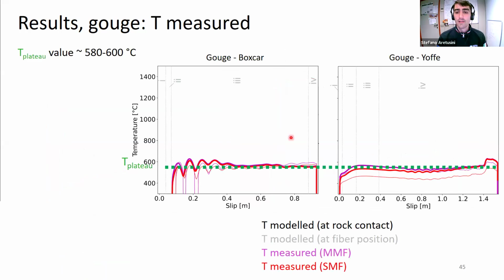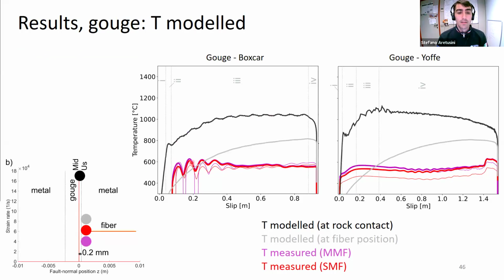But still, the temperature measurements show that we achieve a plateau, even if at lower temperatures. And this is typically happening after the dynamic weakening, so it's a bit delayed with respect to what happens in rocks.